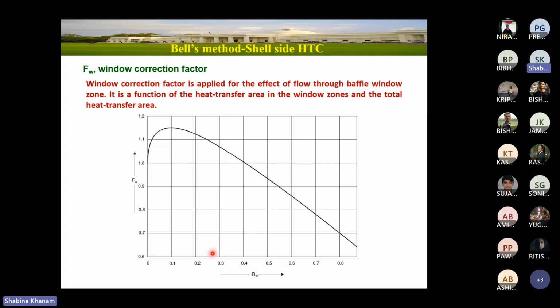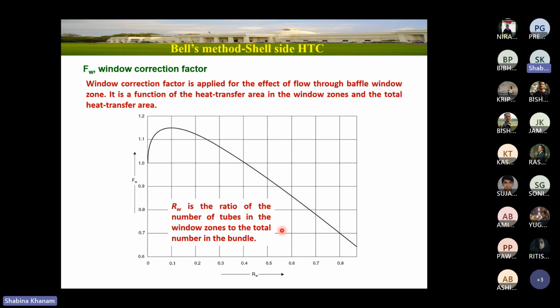Once you know Rw, you can find Fw directly, but how to find this Rw? Rw is the ratio of the number of tubes in the window zone to the total number of tubes in the bundle.